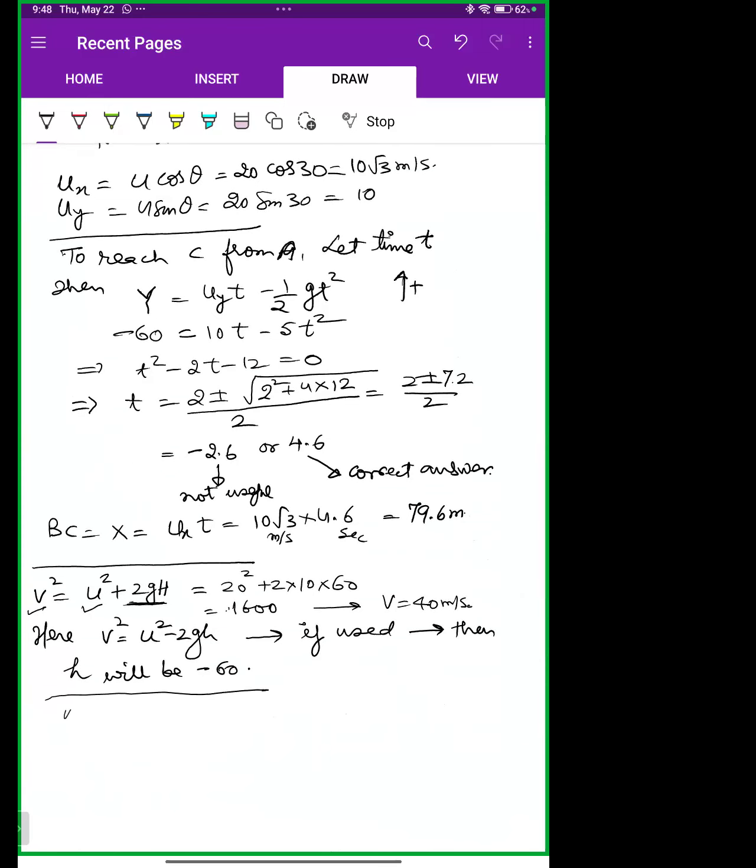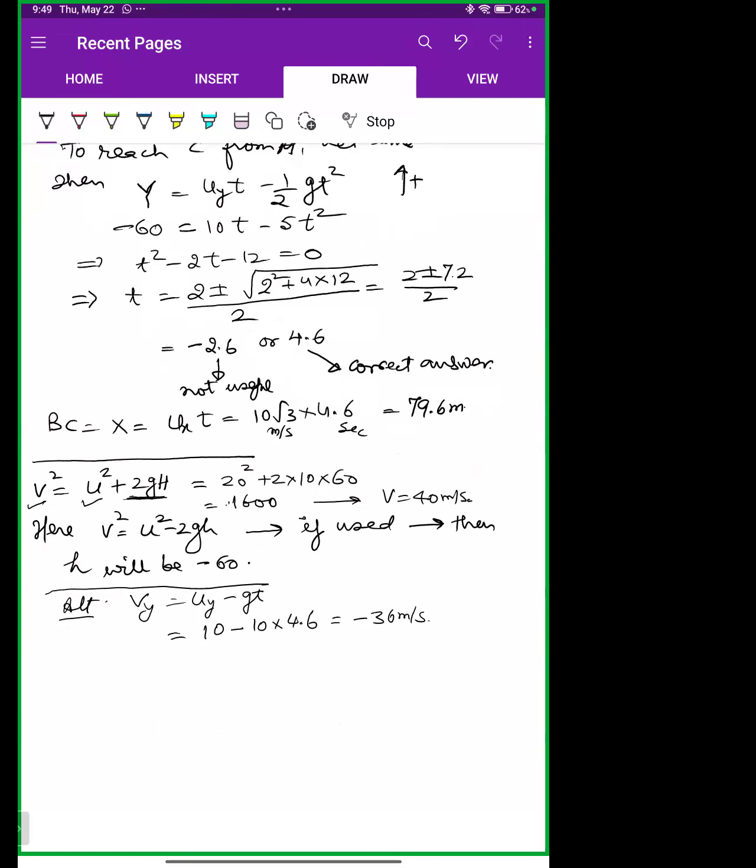You can also do it the alternate way. Vy is equal to Uy minus Gt. What was Uy? 10 minus G, which is 10, into T, which is 4.6. That is minus 36 meter per second. Why is it minus?